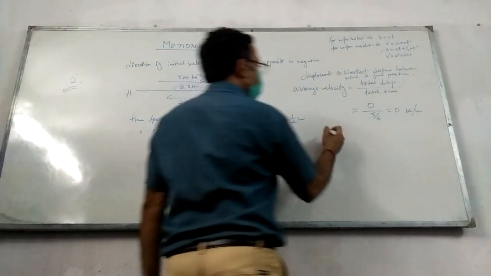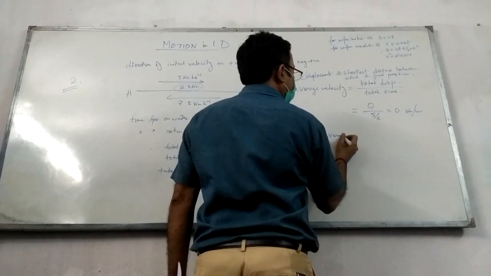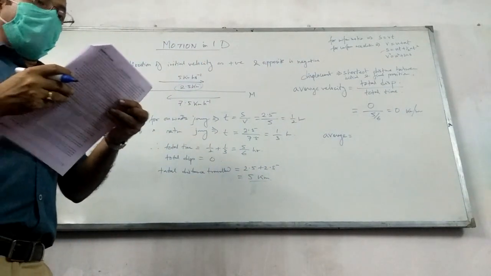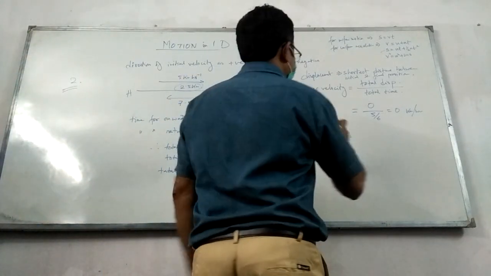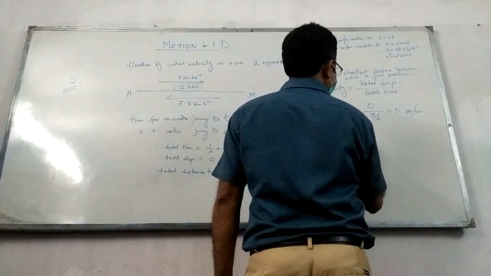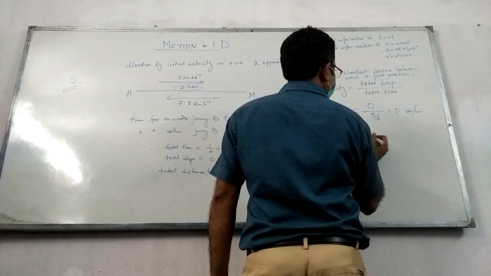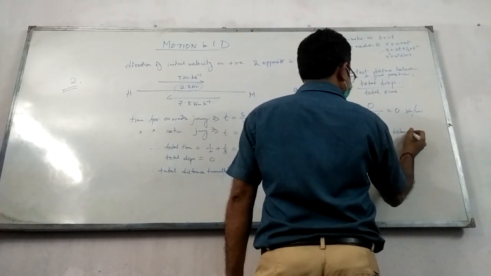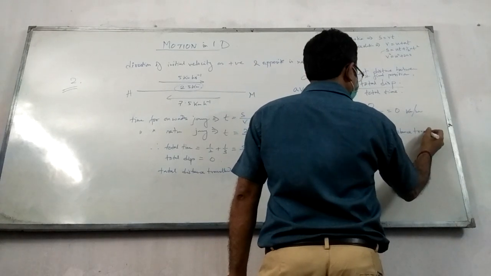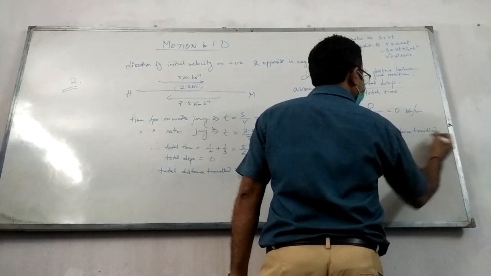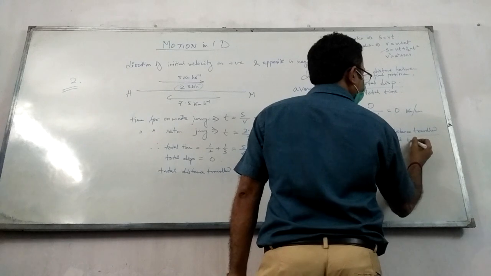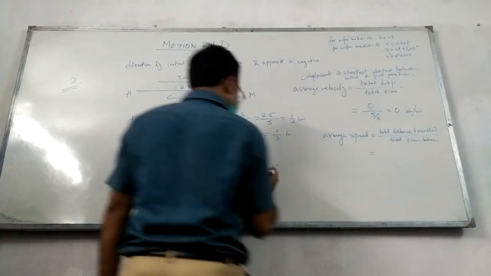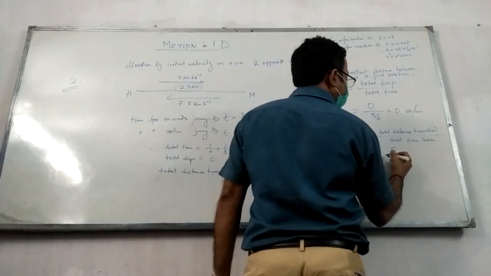So average speed, how much is it? Average speed is total distance traveled by total time. So how much is the total distance traveled? 5 kilometers.